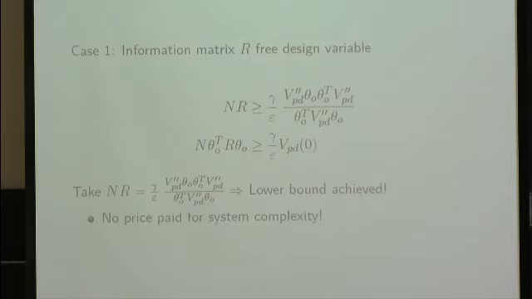So in fact, if I can design the regressor vector completely freely, I do not pay any price at all for having many parameters. I achieve this lower bound, which has nothing to do with the model complexity. It only has to do with the intrinsic properties of my application, not on how many parameters I'm estimating. So that's really a good case.